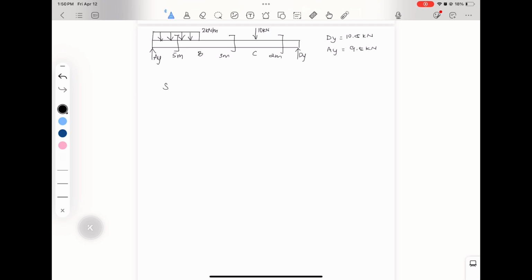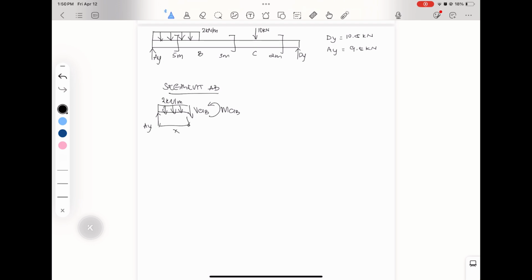So segment AB, it's better to draw the FBD, the free body diagram. So here VAB and moment AB, and then here there's AY, which is 9.5 kilonewtons, and then draw the load, which is 2 kilonewtons per meter, and this distance is unknown.